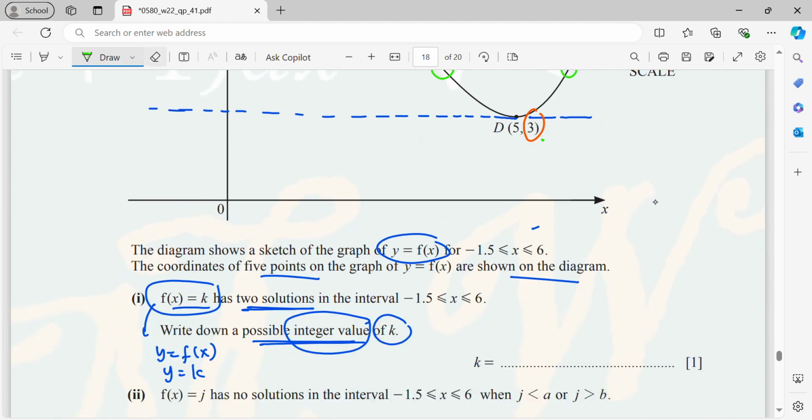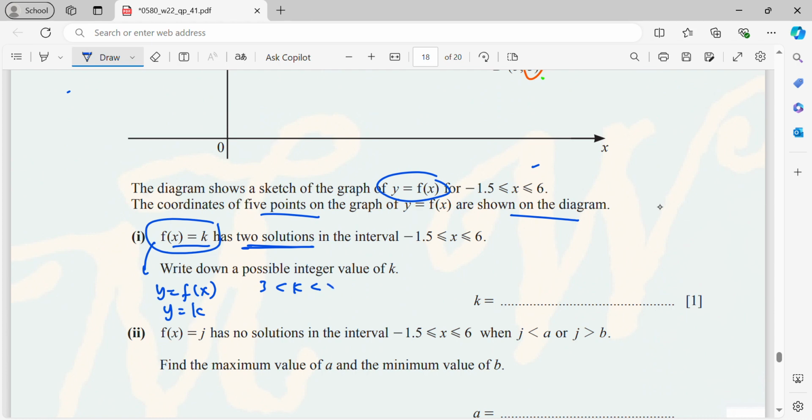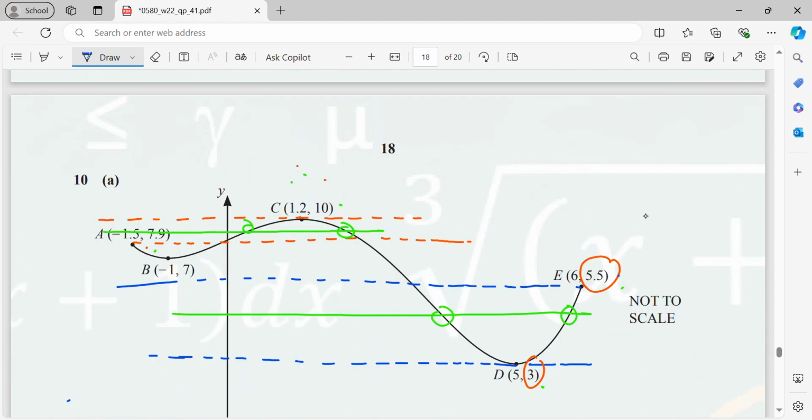So from here, I will just write your k is from 3 to 5.5, the green color, or the k is from 7.9 to 10 because it will have two intersection points.